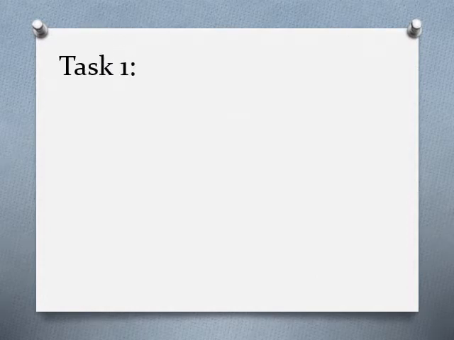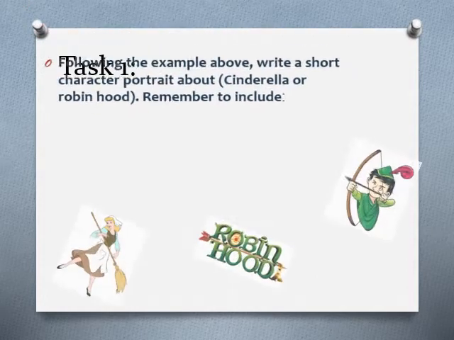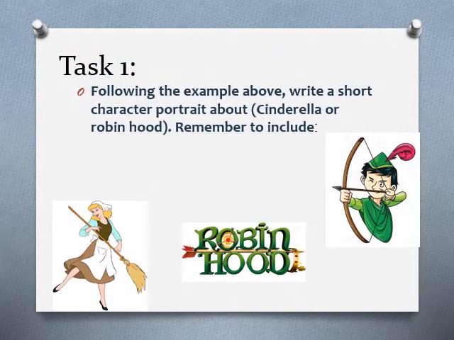Now, task number 1. After you read this text, please follow the example above. In the example of Goldilocks, we talked about her character, how she looked, how she behaved, and her mood.